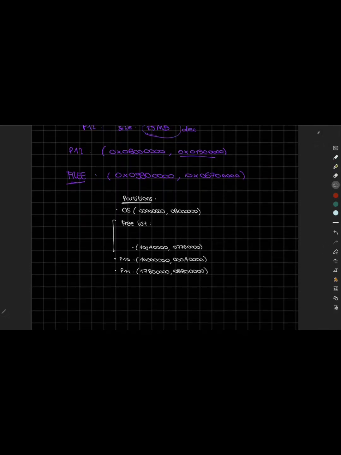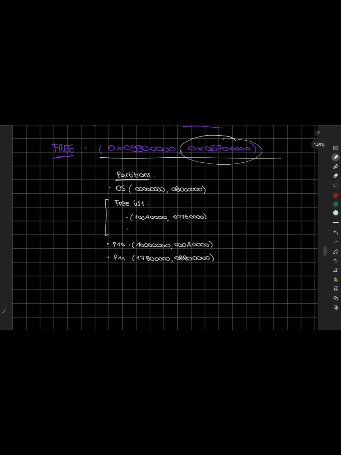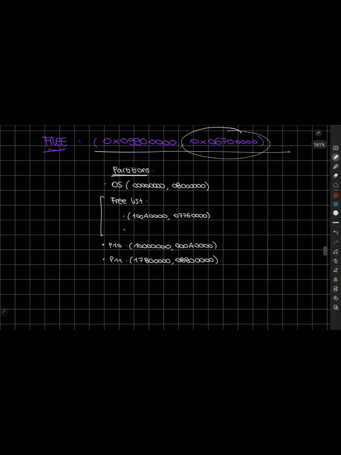So I'm deleting it, and I have this other block which has this size which is smaller than this one. So this one is going to be here, and the second node is going to be after that. So I'm just copying this information of the free block, with the size 6 7.